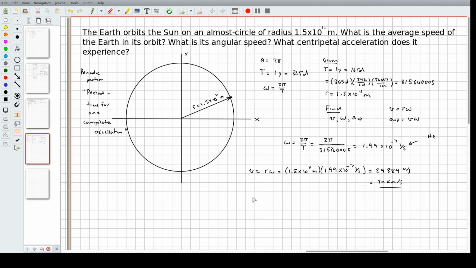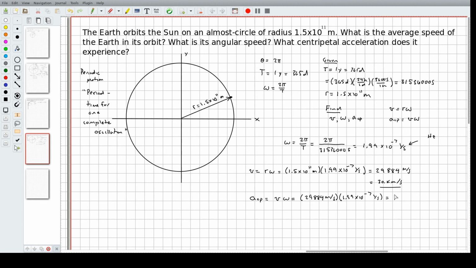Well, you'd think, considering the Earth is so massive and the sun is so massive, that it would be a lot. But let's see. That would be v times omega, or 29,884 meters per second times 1.99 times 10 to the minus 7th radians per second.